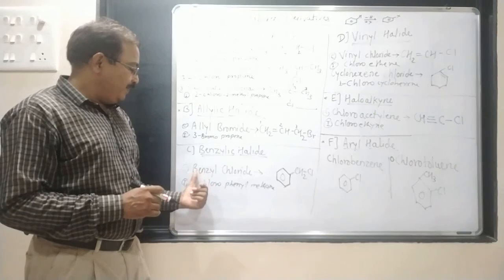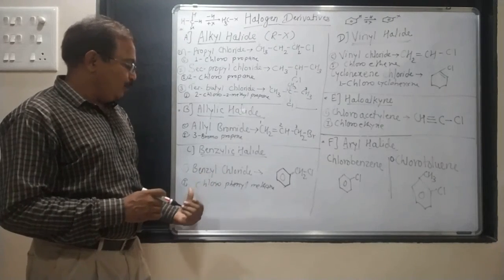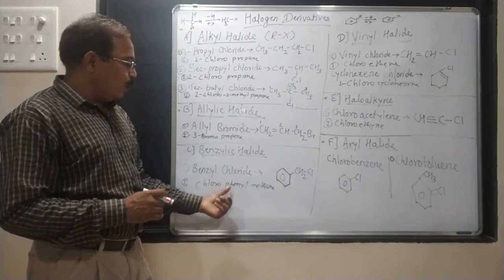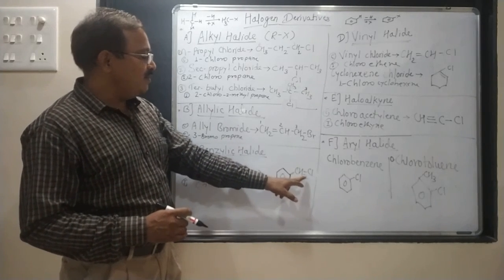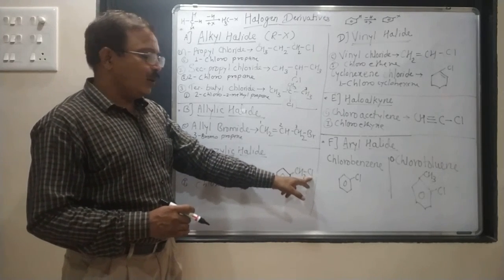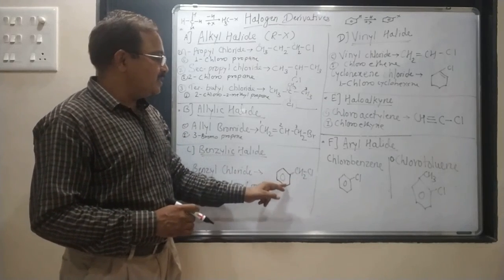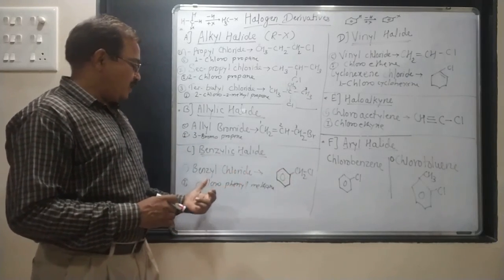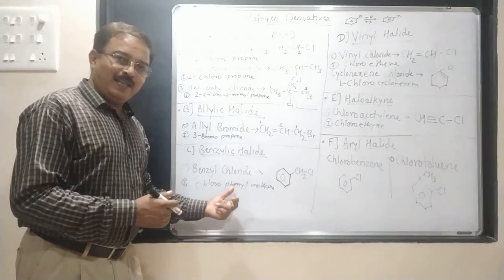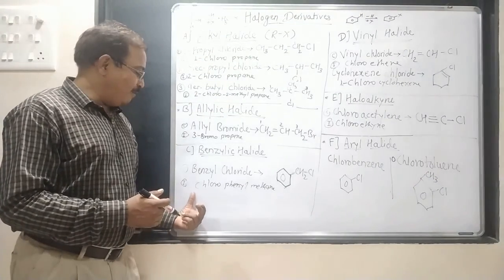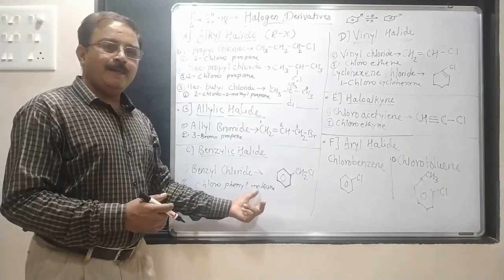The IUPAC name is chlorophenyl methane, because this carbon atom contains a chlorine atom as well as a benzene ring. Therefore, first of all, we have to give the preference to the halogen, then the phenyl ring. So the IUPAC name will be chlorophenyl methane.